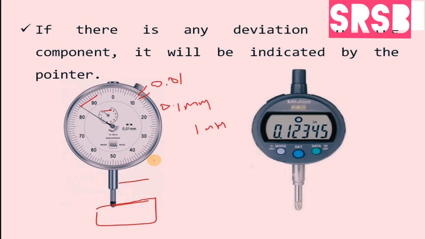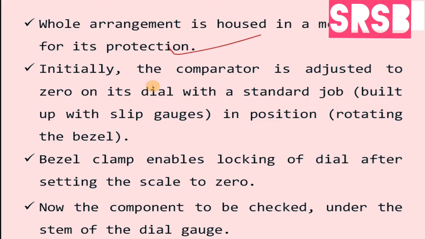This is the bezel, and this is the bezel lock. It locks that portion so it will not rotate, making it easy to look at the surface and take the reading from the dial indicator.